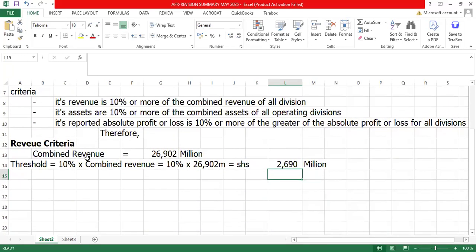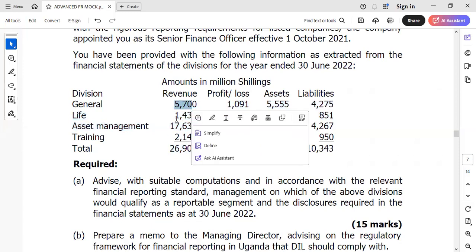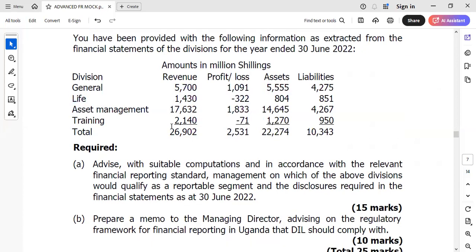Okay, so from this, using this criteria, you are going to go back at your question and compare, looking at your amount, is it above 2,690? This is your revenue. So any division that has a revenue which is above that, then that one qualifies as a reportable segment.